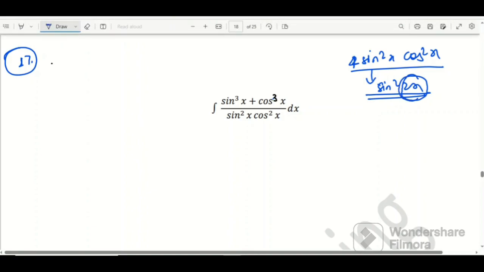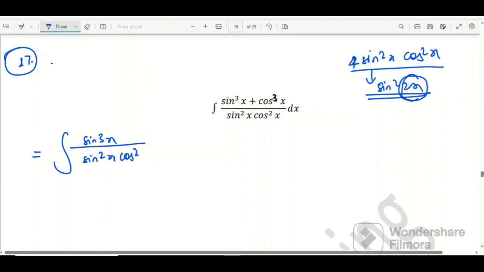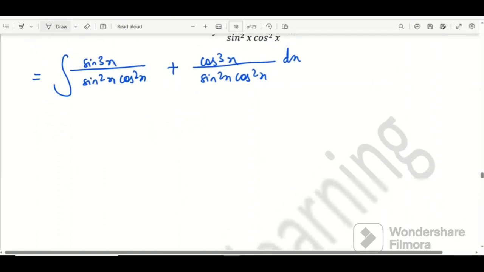So what we can do in this type of question, we'll try to separate these addition terms into two fractions. Like this we can do: integration of sin cube x upon sin square x into cos square x plus cos cube x upon sin square x into cos square x dx. Now we can cancel this sin square from numerator and denominator both.